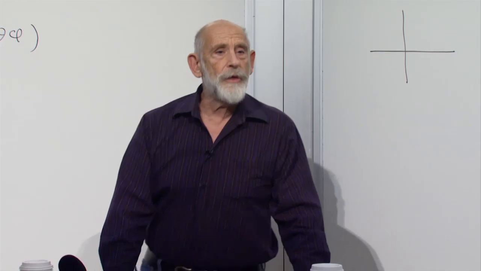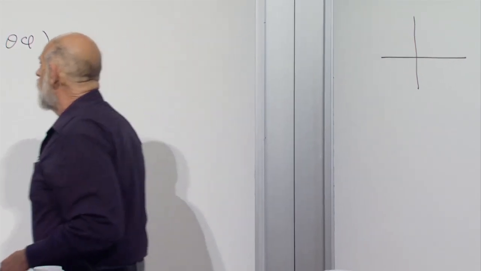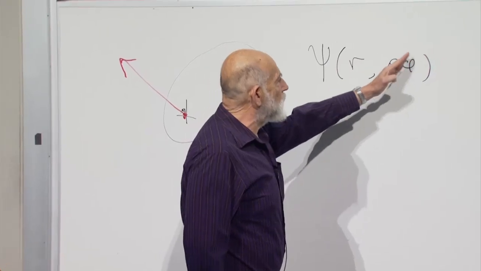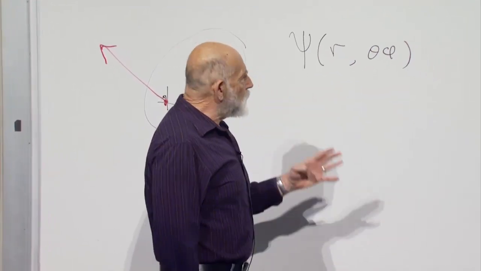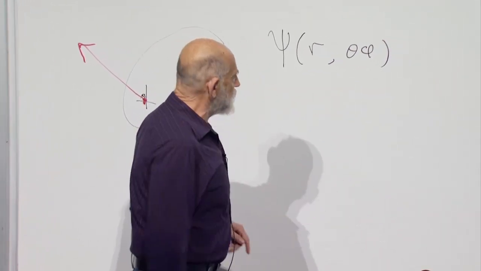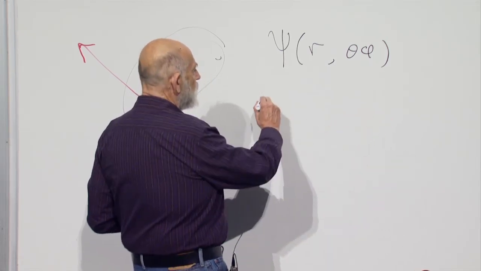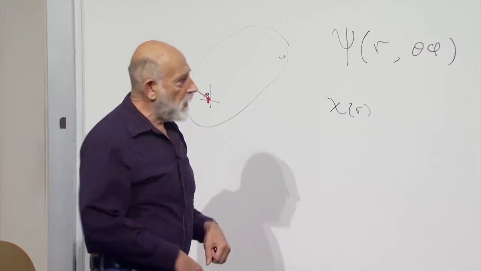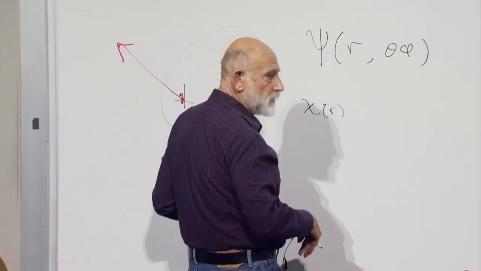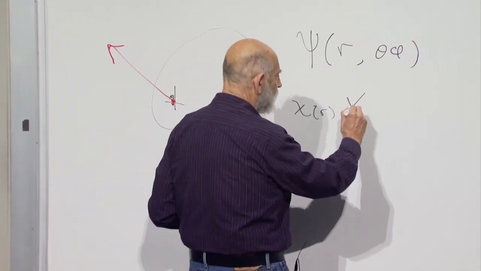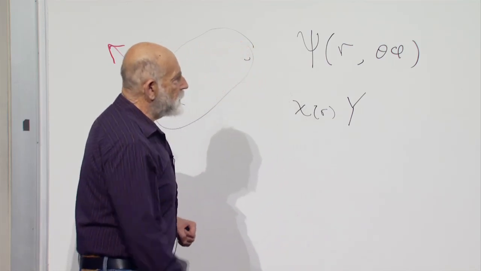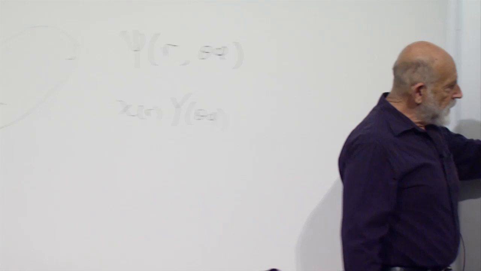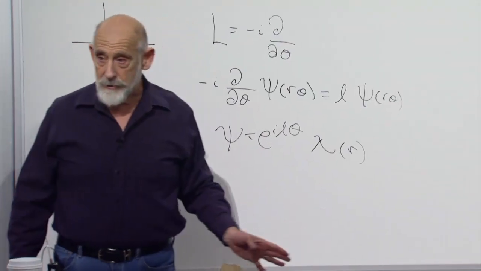And the same is true in 3 dimensions. In 3 dimensions, angular momentum also has to do with the angular dependence. And there are particular wave functions, generally arbitrary functions of radius, doesn't matter what they are, times specific functions, usually called Y, of theta and phi, which are analogous to the e to the i L thetas.